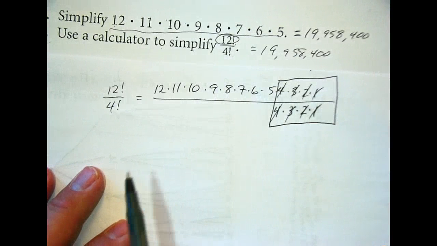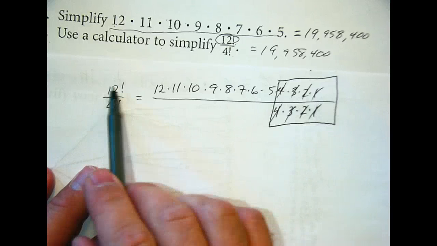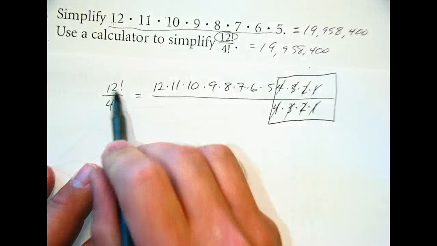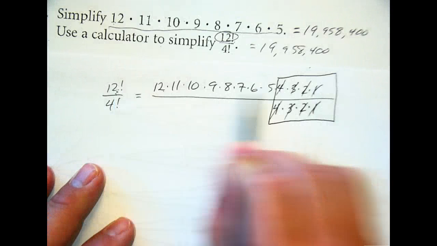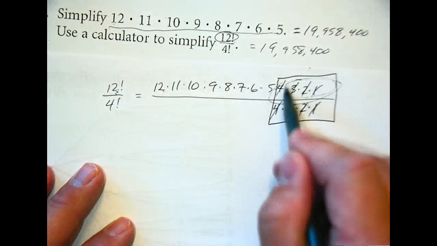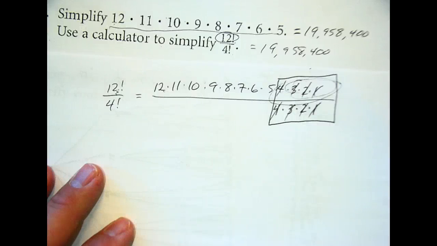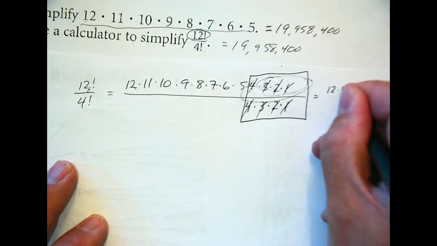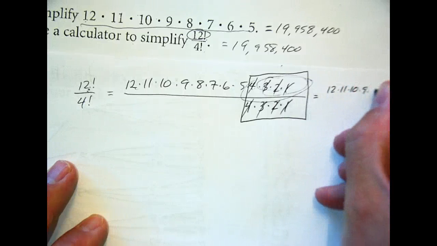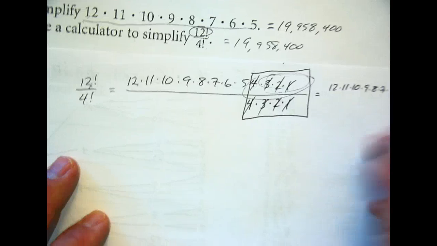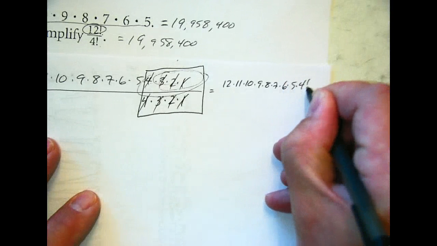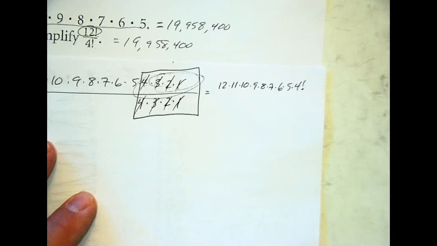Everyone see that? So 12 factorial divided by 4 factorial is really 12 factorial without the 4 factorial at the end. Sometimes you'll see that marked down as 12 times 11 times 10 times 9 times 8 times 7 times 6 times 5 times 4 factorial, divided by 4 factorial. You would see that in a book sometimes.